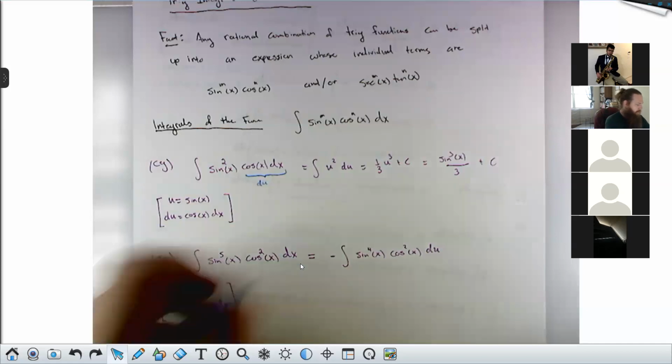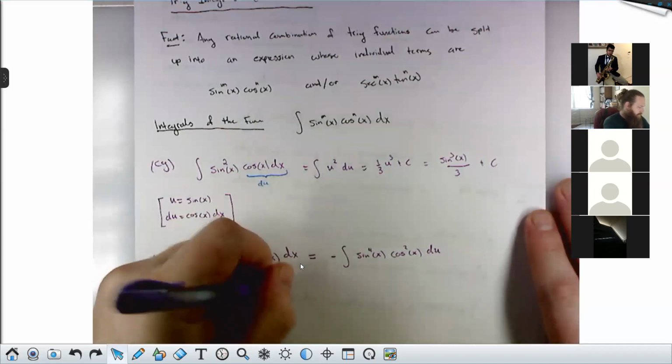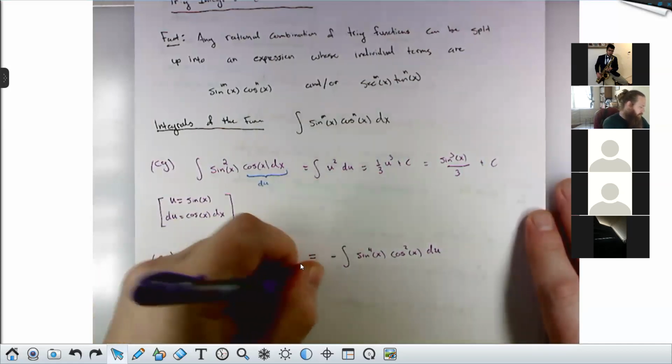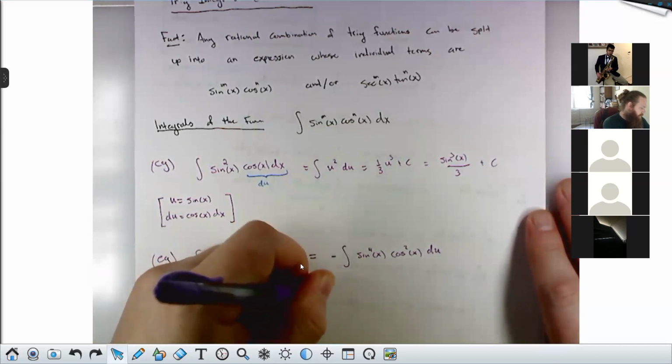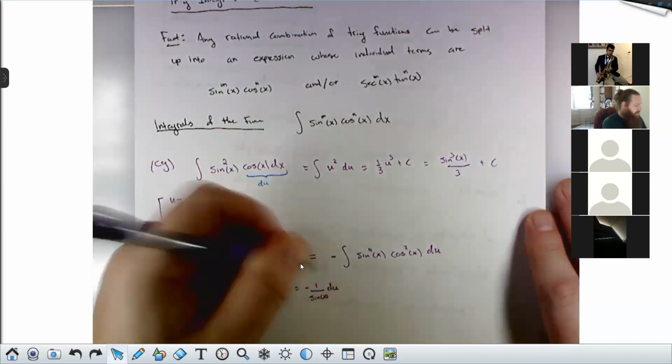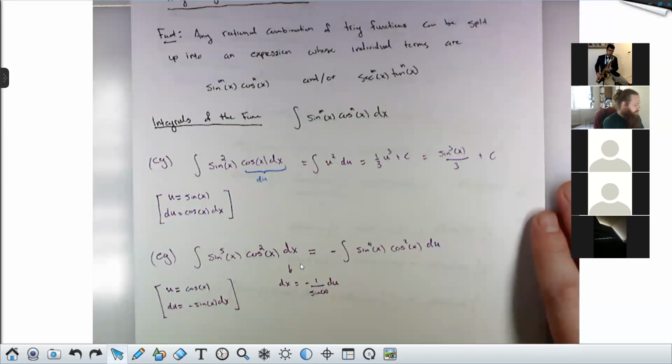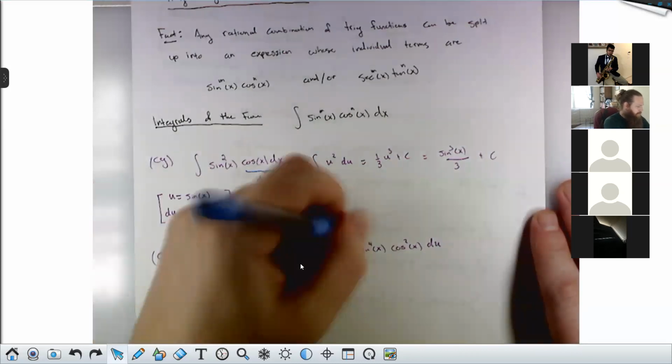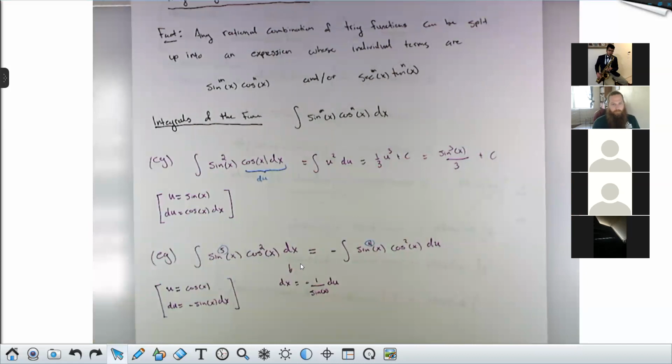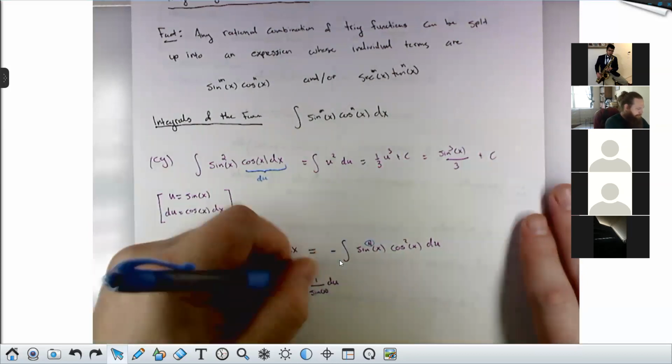Dx is -1 over sine x du. So this power here went down by 1 because this term canceled one of the sines. And also this negative shows up.